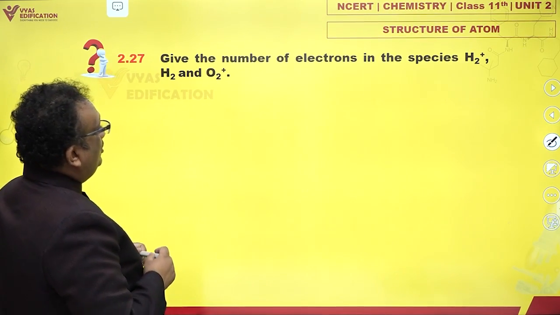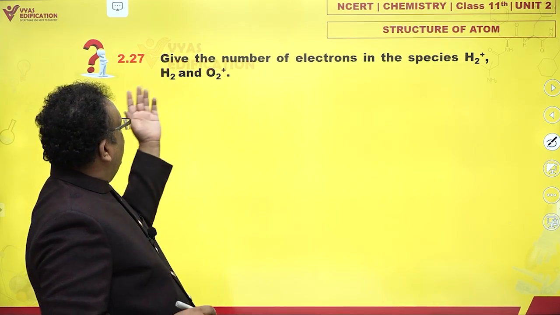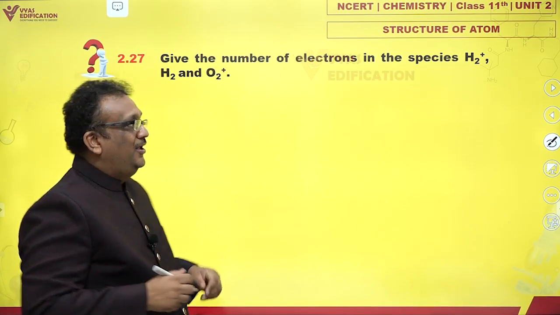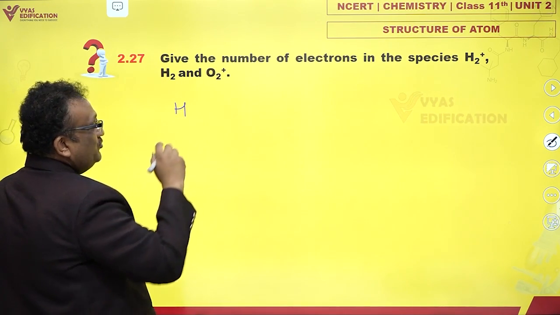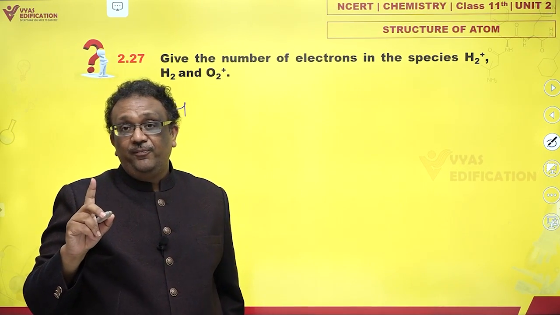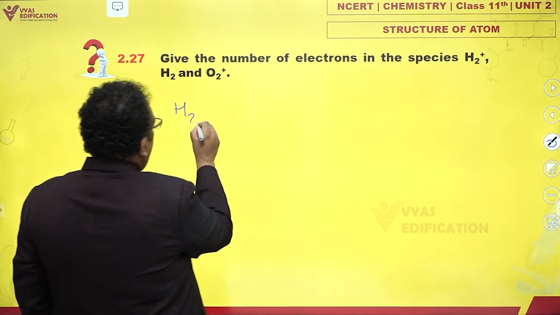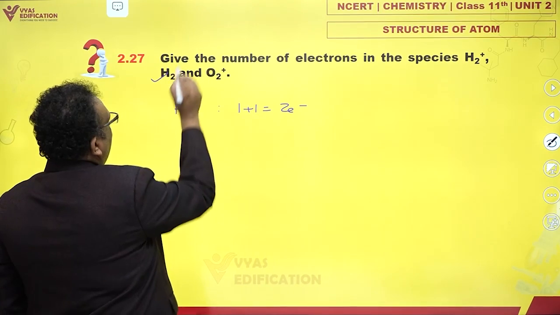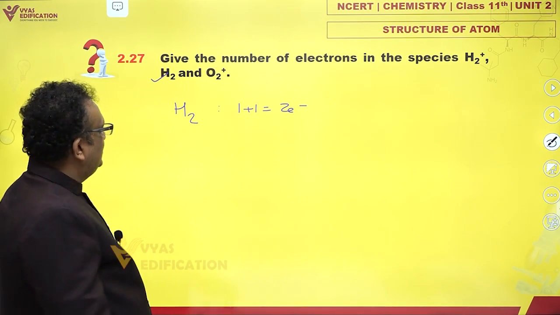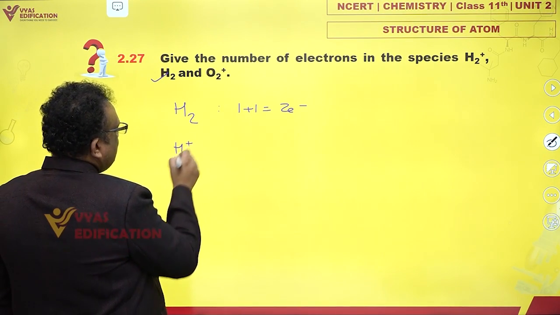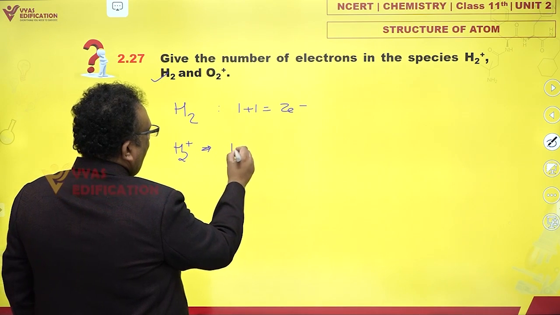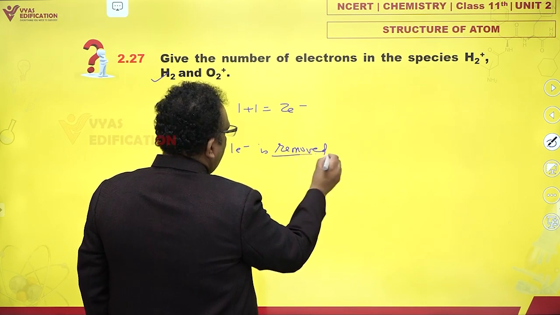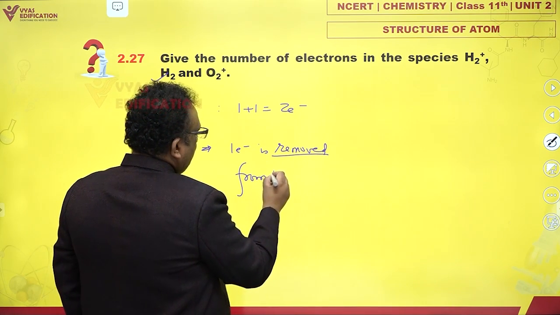Give the number of electrons in the species H2+, H2 and O2+. How do we calculate that? Hydrogen has 1 proton, so it must have 1 electron. H2 would contain 1 plus 1, that is 2 electrons. H2+ means 1 electron is removed from H2.